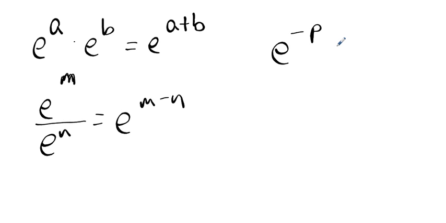Sort of by definition, but not really. e to the minus p is the same as 1 over e to the p. This is one of those things that almost makes sense if you think about it. Try cross-multiplying to make sure that that does in fact make sense.